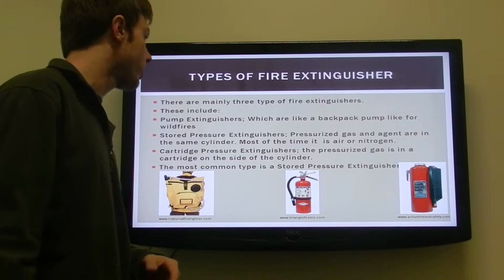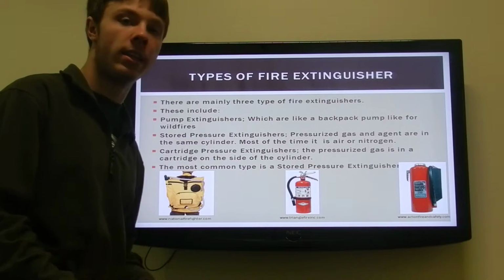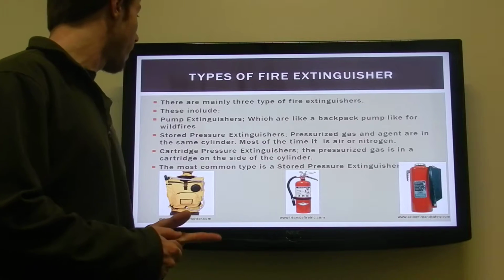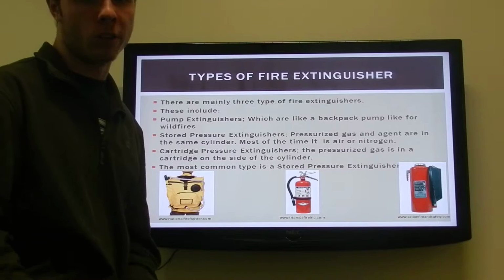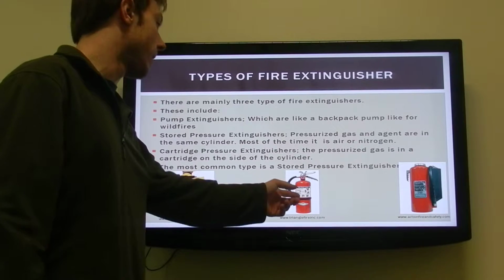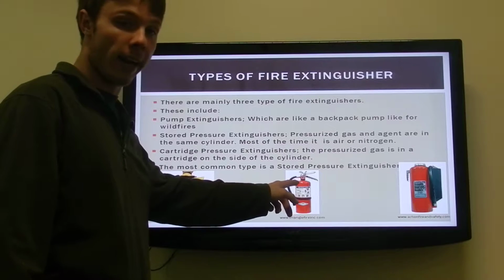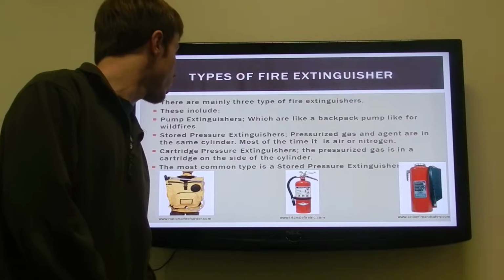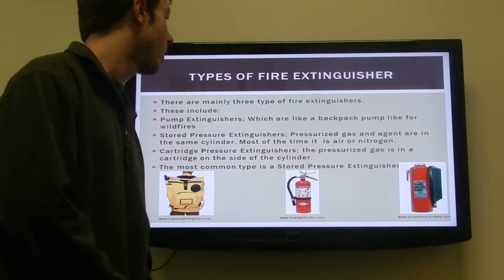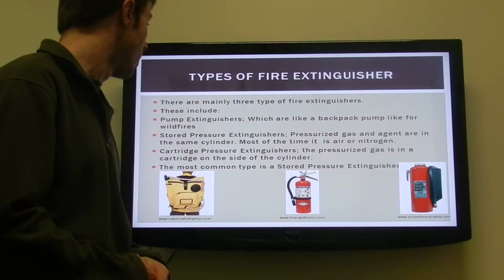And stored pressure extinguishers have pressurized gas and the agent inside the same cylinder. Most of the time the gas is air or nitrogen. This is an example of a stored pressure extinguisher, and you can tell because of the pressure gauge on here. The cartridge pressure extinguisher has pressurized gas in a cartridge on the side of the cylinder.